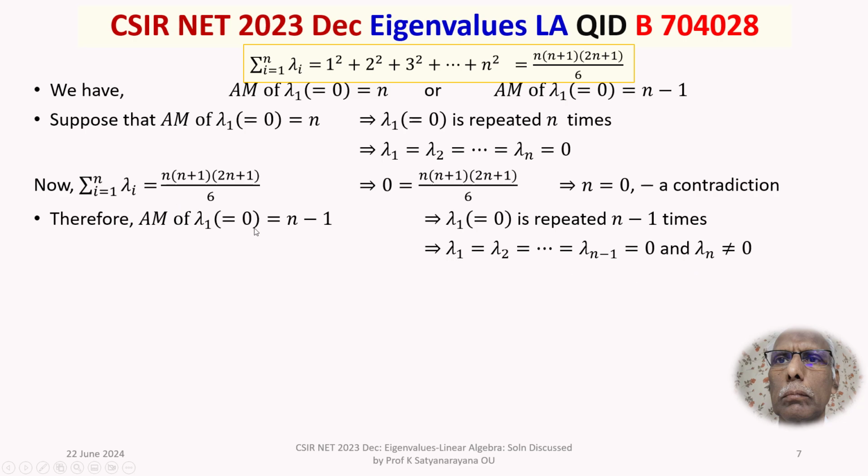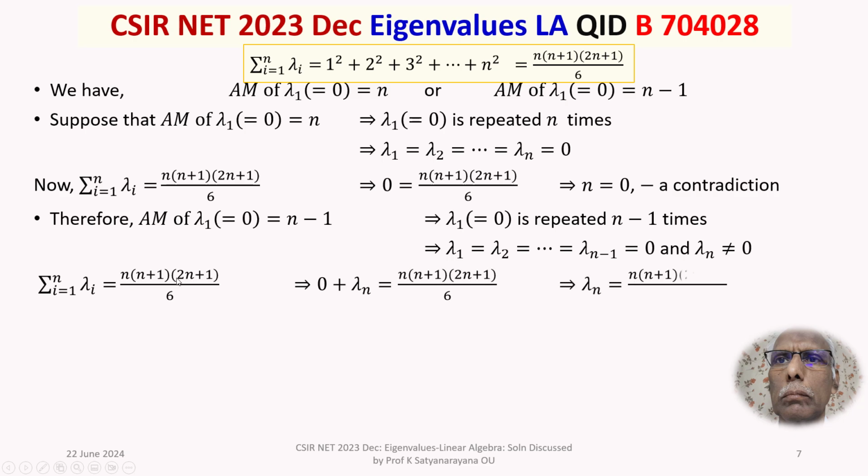Let's go back. The sum over i is equal to 1 to n of lambda i is equal to n into n plus 1 into 2n plus 1 by 6, and the sum of the first n minus 1 eigenvalues is 0 plus the nth eigenvalue lambda n is equal to n into n plus 1 into 2n plus 1 by 6. So this tells you lambda n is equal to n into n plus 1 into 2n plus 1 by 6.